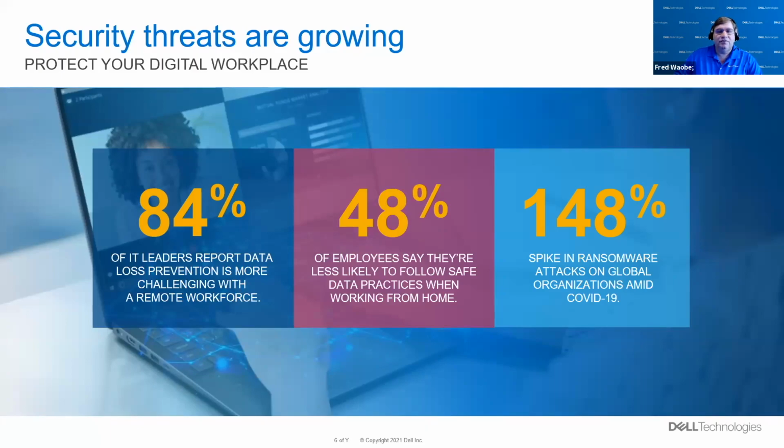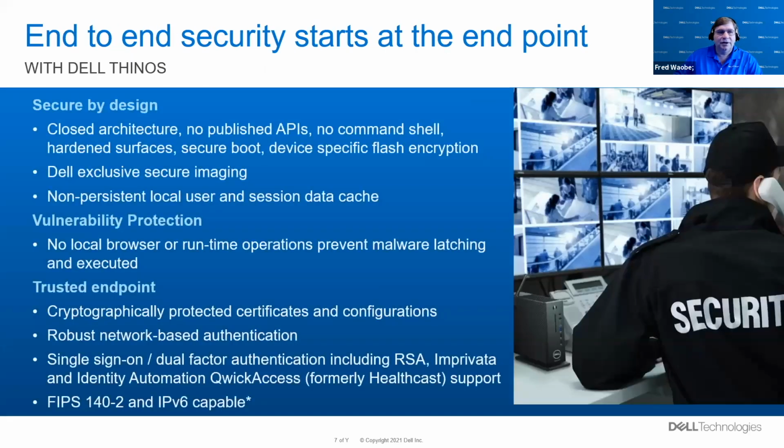In addition, 48% of employees say they are less likely to follow safe practices when they are working from remote offices or home offices as well. There have also been recent spikes in ransomware attacks on global organizations. All of these considerations should be taken into account when making a selection for an endpoint device.